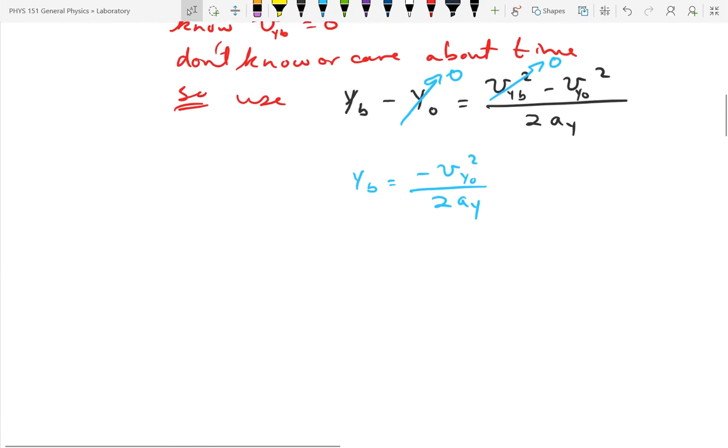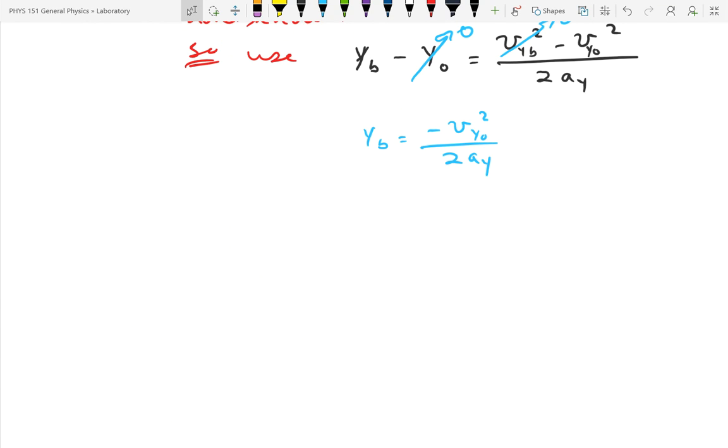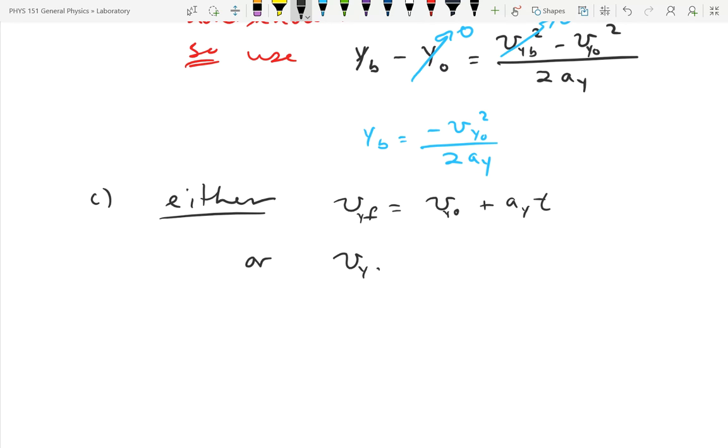So the two ways of solving part C are either V final is equal to V initial plus AYT, or Vy final squared minus Vy initial squared is equal to 2AY times Y final minus Y initial.